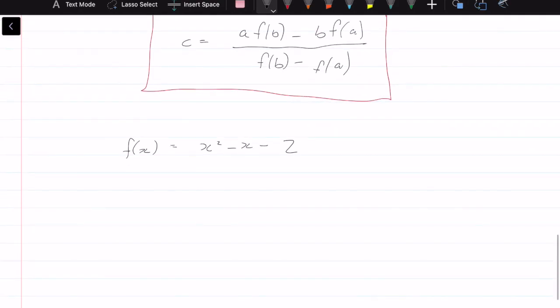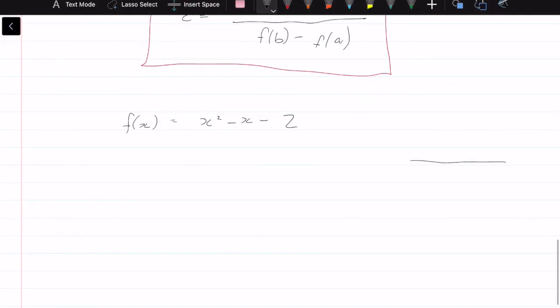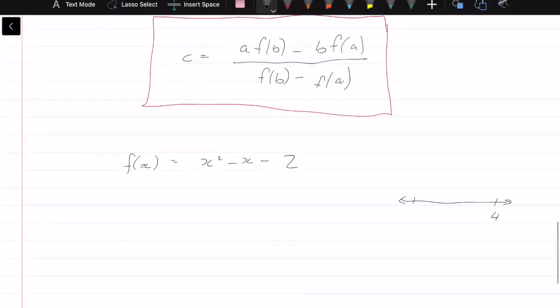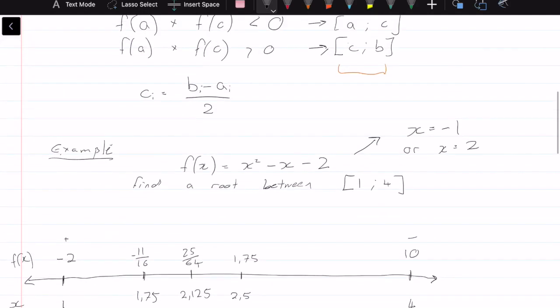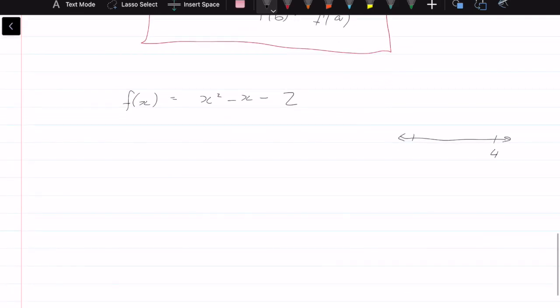Similarly, last time I drew a little number line. This time I'll draw one as well, slightly smaller, but we have 4. The restriction last time was that we want to find the root between 1 and 4. So we have 1 and 4.